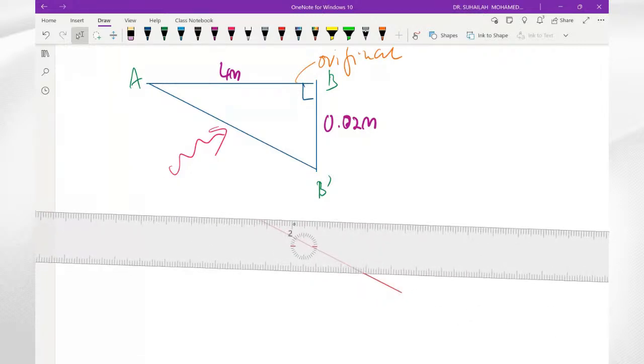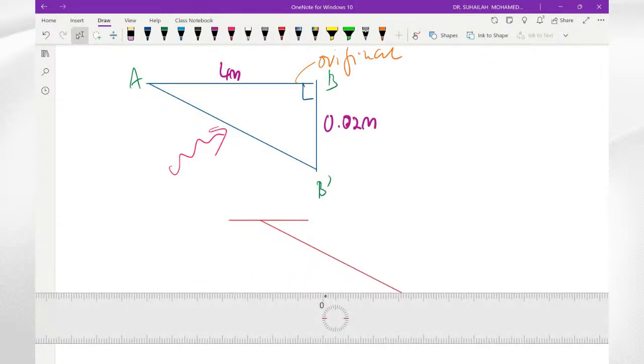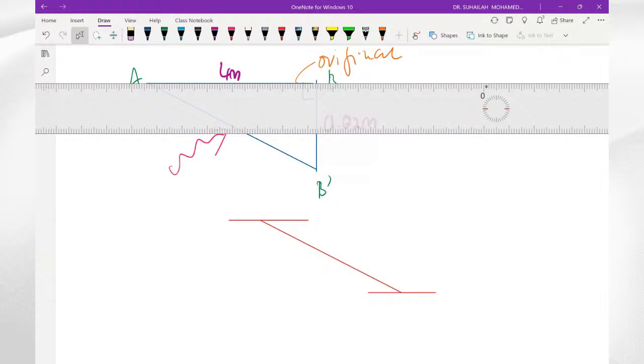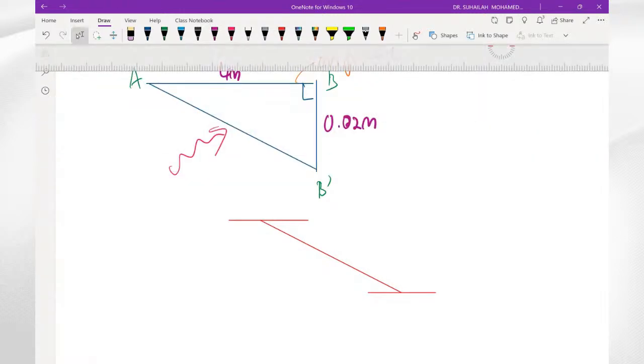Always remember that original is horizontal. So how does the beam rotate due to settlement? How does the beam rotate due to settlement from original? We measure from original.